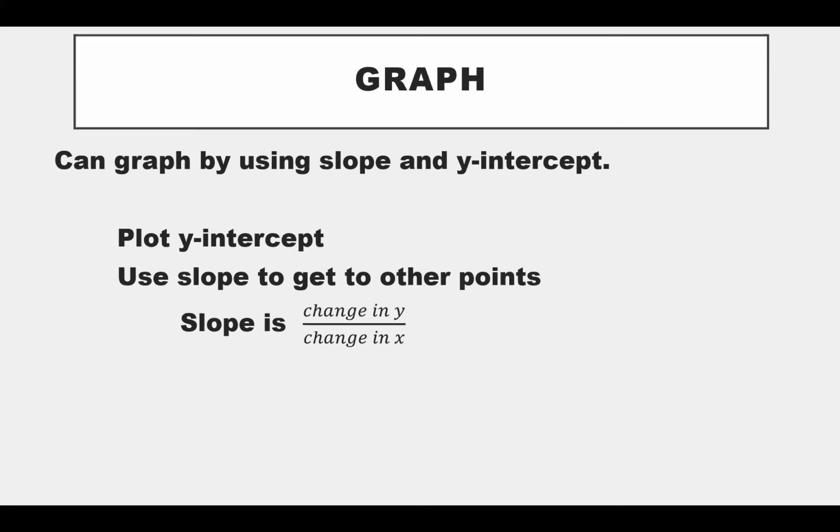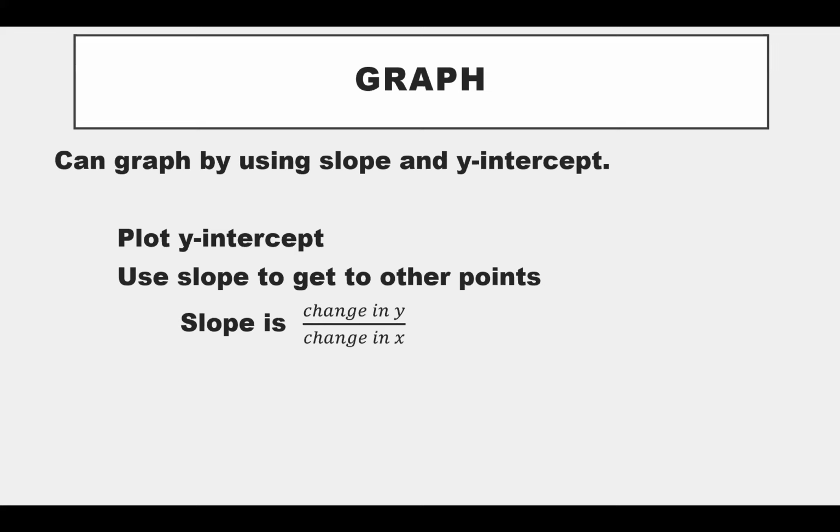And we can actually graph a line using the slope and the y-intercept. The way we do that is that we plot where the y-intercept is, and then we use slope to find the other points.